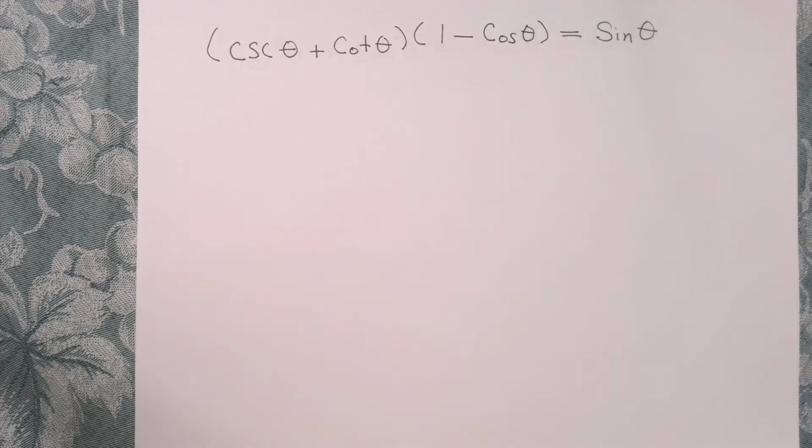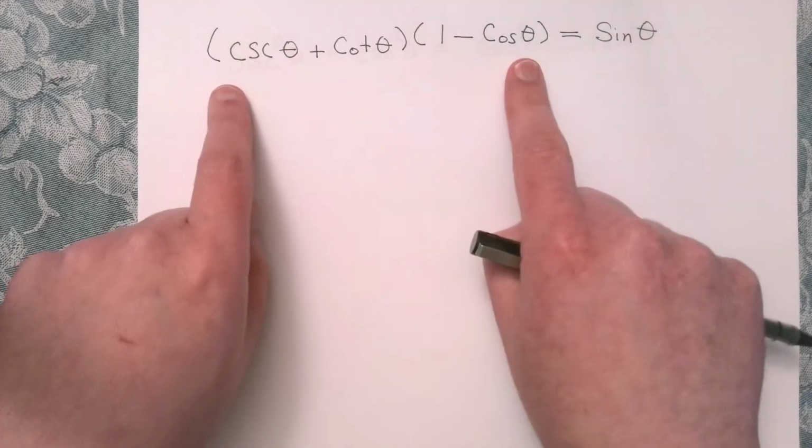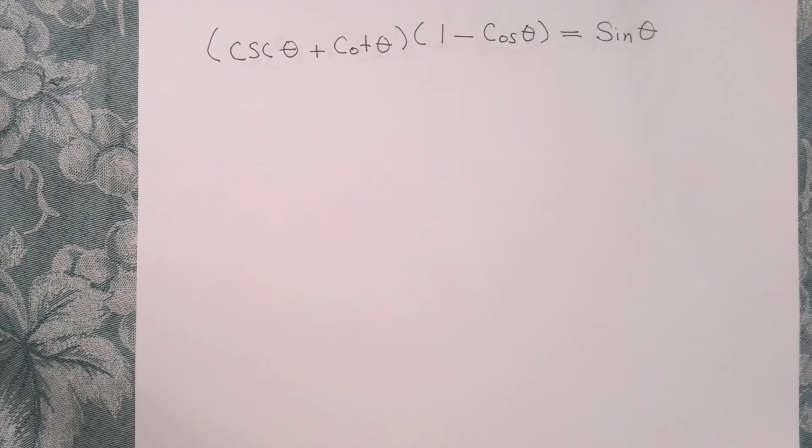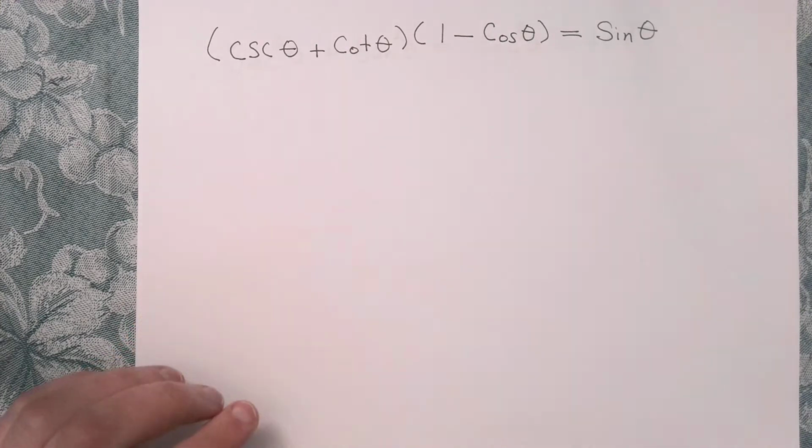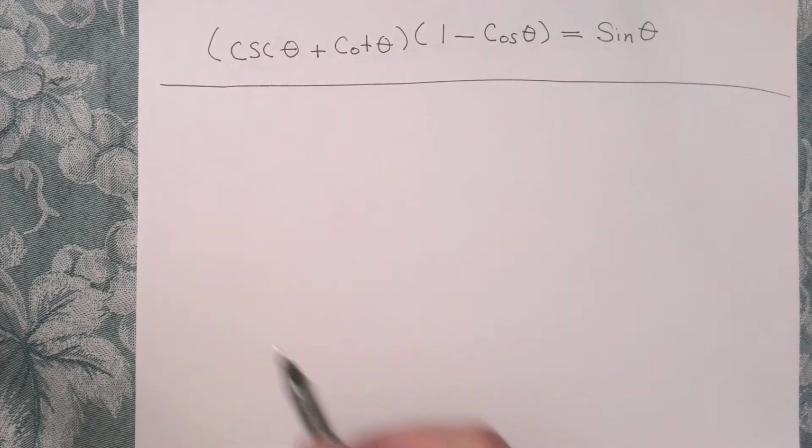Okay, so we've got the cosecant of theta plus the cotangent of theta times 1 minus cosine of theta, and we want to show that this product is equal to sine of theta. Okay, let's see here. Now I could turn everything into sines and cosines, but maybe I'll multiply this out first and see if that goes anywhere fruitful.